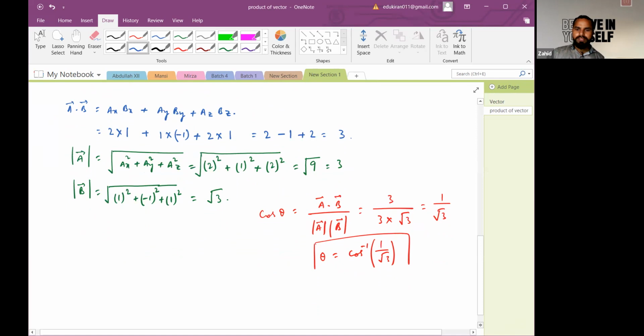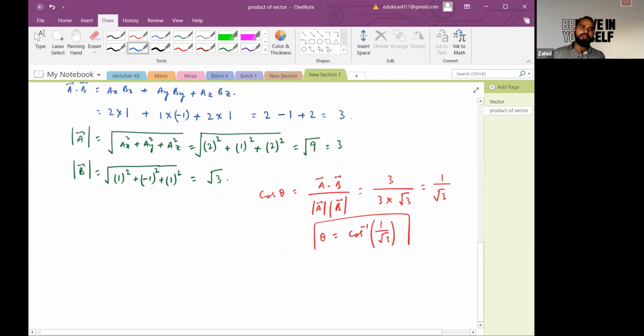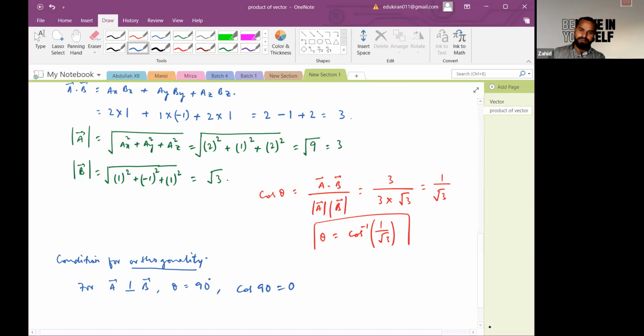Okay. Now there is a condition related to this dot product, which is called the condition for orthogonality, which means the perpendicular condition of any two vectors. Let's say A is perpendicular to B. So theta will be 90 degrees and cos of 90 degrees will be 0.